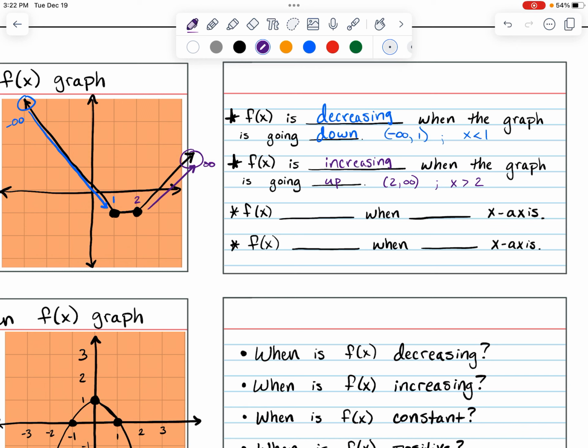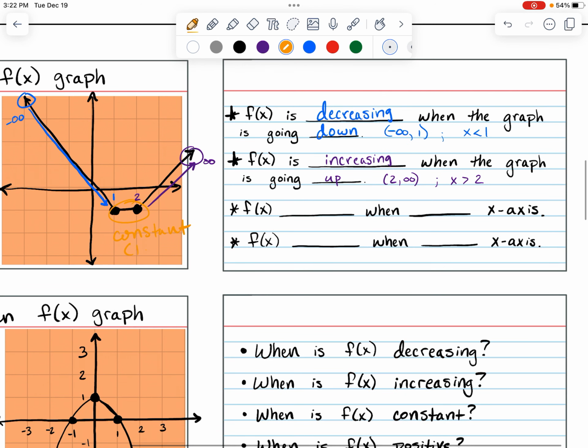Couple more things for us to notice. Notice I did not label this in the middle, when the graph was not changing. So if it's flat, this is what we call a constant. So the graph would be constant from 1 to 2.